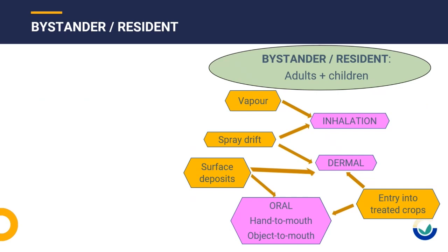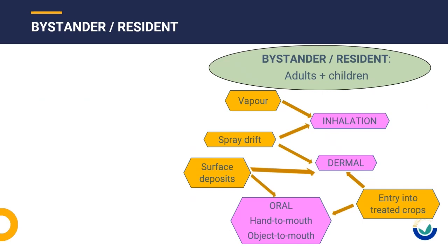The 4 exposure pathways considered in the calculator for bystander and resident are exposure to vapor by inhalation, exposure to spray drift during the application phase, resulting in exposure by inhalation and by dermal route. And then the spray drift also results in surface deposits. And this third exposure pathway can lead to dermal and oral exposure of children.